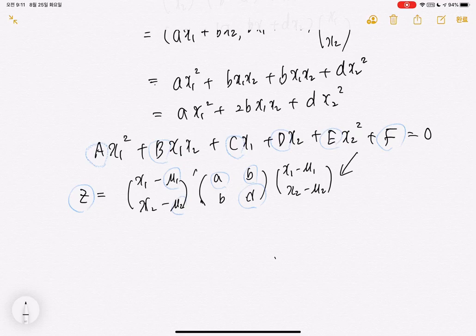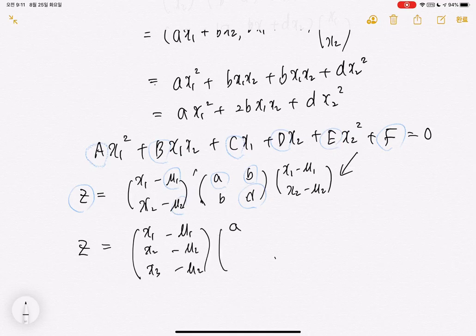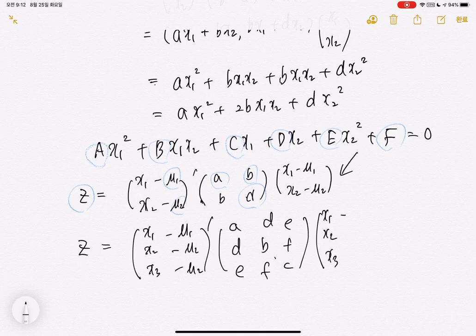If you have more variables, like 3 variables, you can write the quadratic form as follows. Some z equals to x1, x2, x3 minus mu1, mu2, mu3, times a, b, c, d, e, f, d, e, f, prime, times x1, x2, x3 minus mu1, mu2, mu3. Okay.